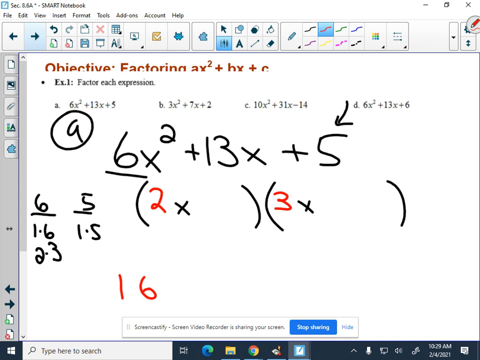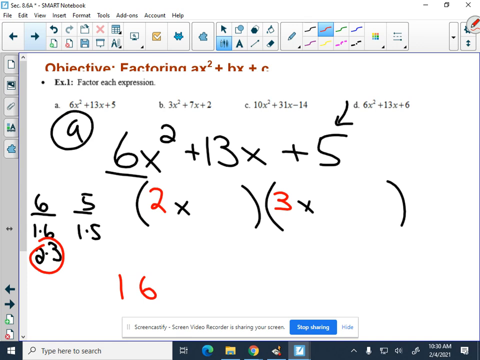My suggestion when you do these is try starting with the pair that's closer in value. 2 is closer to 3 than 1 is to 6. 1 and 6 are 5 numbers apart, 2 and 3 are closer. Because a lot of times when you do them, the closer pairs will be the one that works. So when I'm talking about the closer pairs, hopefully that makes sense. Okay? But now, if I multiply these two, 2x times 3x, we would get 6x squared.